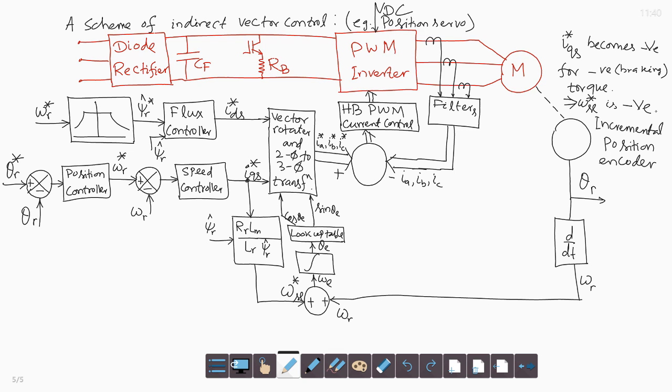When the slip speed is negative, the synchronous speed omega e will be less than omega r. So braking action is obtained, because the magnetic field is rotating behind the rotor; it is generating action, so the induction motor operates as a generator. Regenerative braking is obtained, and the current phase reverses and flows from the inverter to the DC link, which leads to charging of the capacitor CF.